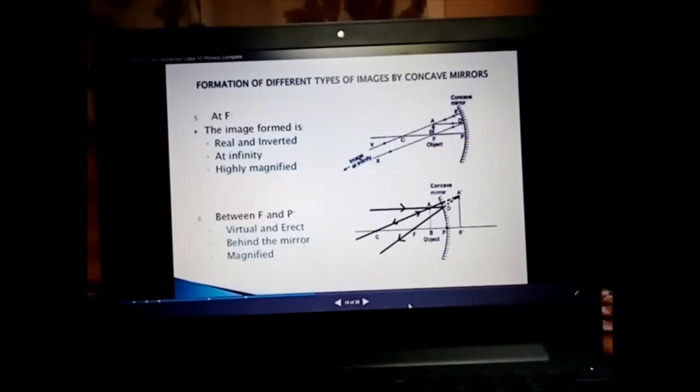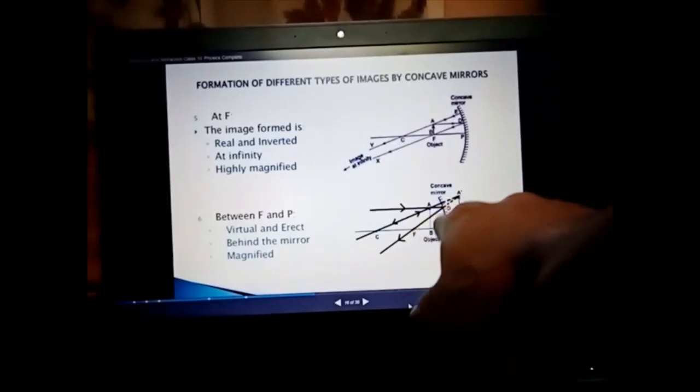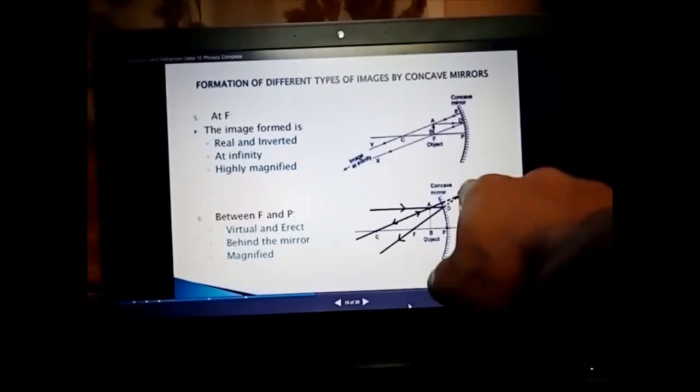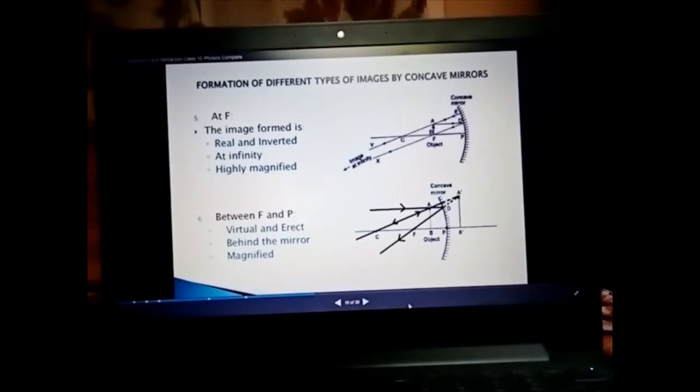Then there is a sixth and the last case, that is when the object is placed between focus and pole of the concave mirror. So after reflection, the image is formed behind the mirror, that is A dash B dash, and the nature of the image is virtual and erect.